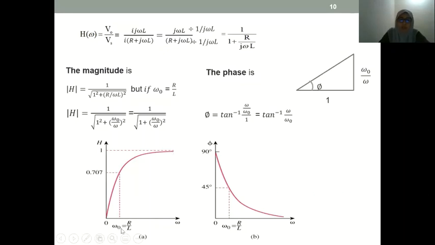When you substitute omega equal to omega naught, you will get your magnitude equal to 0.707.